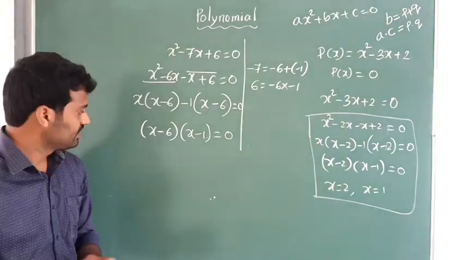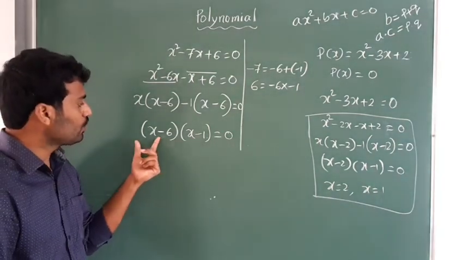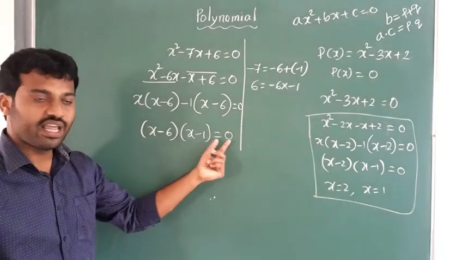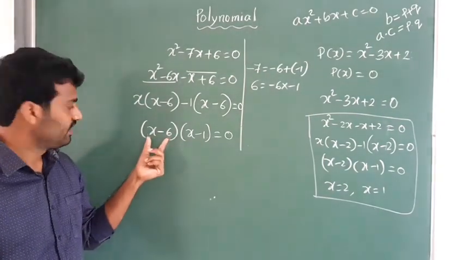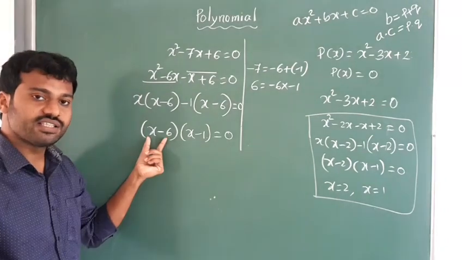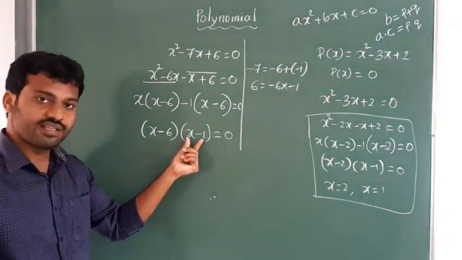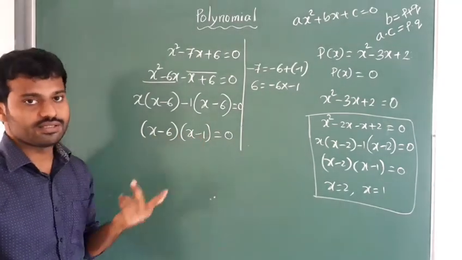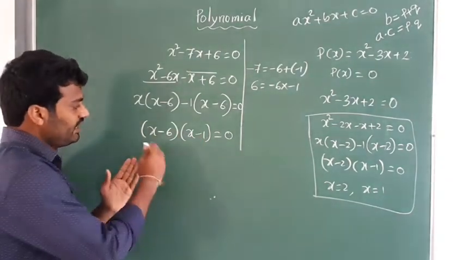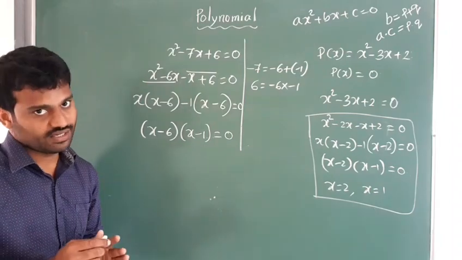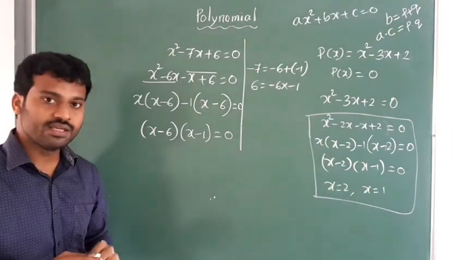Next, the product of the two terms is 0, which means any one term should be 0. If this simplified answer is 0, then 0 into this one will be 0. Or if this simplified answer is 0, then 0 into this will be 0. Correct or not? So any one must be 0. Clear or not? Then only their product will be 0.